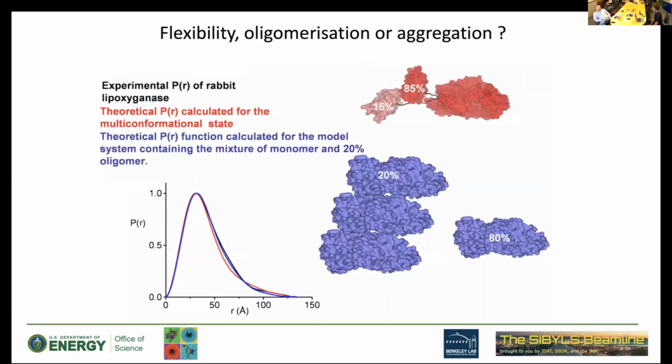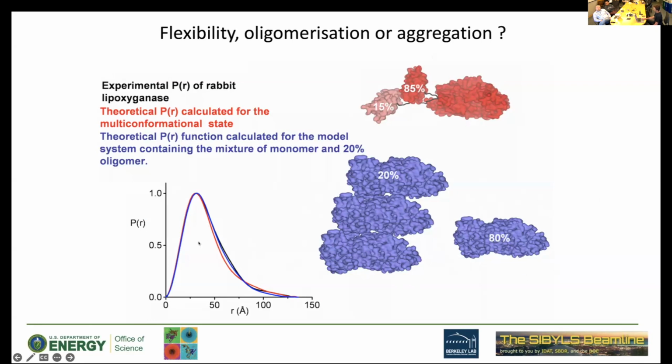What I want to bring up, since this is a workshop, is how dangerous these dirty samples are if we do structure modeling. Here is just an example where the red curve is the protein dynamic, versus the blue curve, which is theoretical data for some aggregates plus a monodisperse monomer sample.